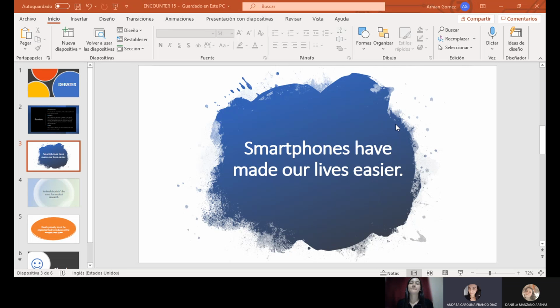Okay, I will start. I did some research about 10 positive effects of mobile phones or smartphones in our daily life. Well, the general perception is that the increasing use of cell phones has only negatively impacted our life.